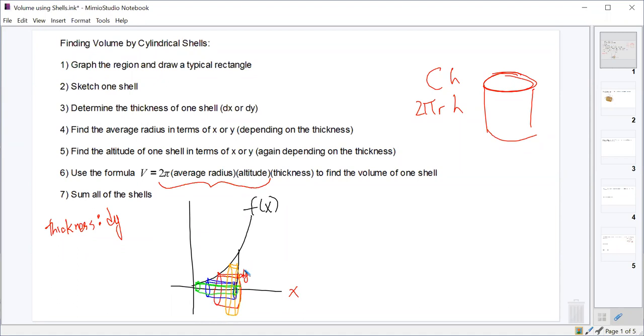The best analogy I've come up with for this is Russian nesting dolls, if you're familiar with them, you probably are. You've got that little wooden doll, and you open it up, take the head off, and inside of it is another one. And you take the head off of that one and inside of it is another one. There's just a bunch of these little dolls that look exactly the same inside of one another. You guys are familiar with those? Very.